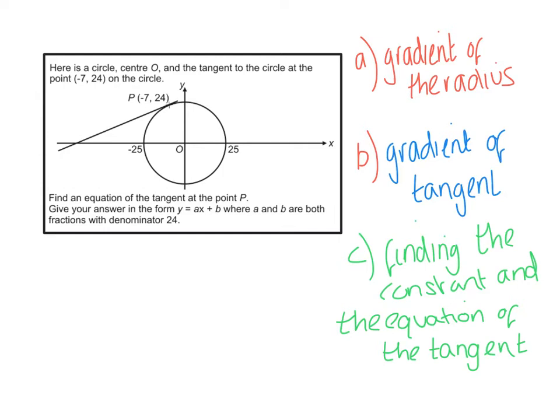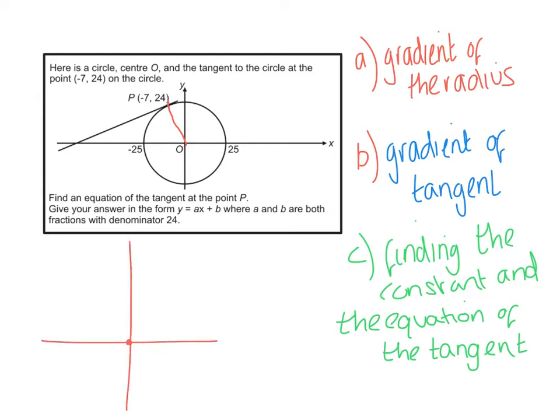So, the first one I'm going to have a look at is the gradient of the radius. I can see that my radius, to go to the point P, would be this line here. Now I'm just going to sketch that out a bit clearer.